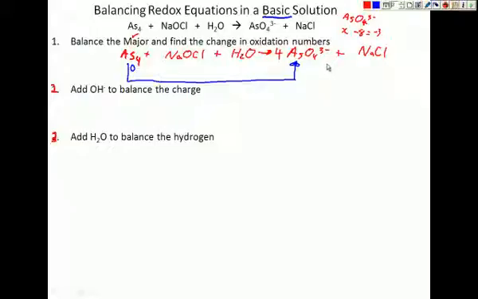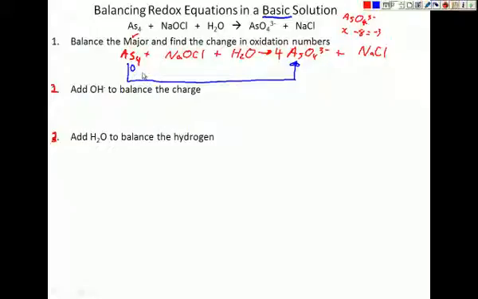Okay, so it looks like As is going to be 5. And since there are 4 of these, it's 5 times 4. So this is going from 0 to 5, but there's 4 of them, so we times it by 4. So there's 0, and it's going to plus 20. So we can write that right here.